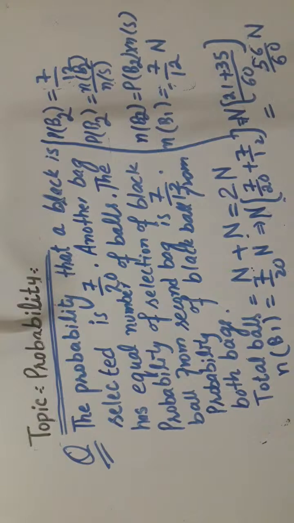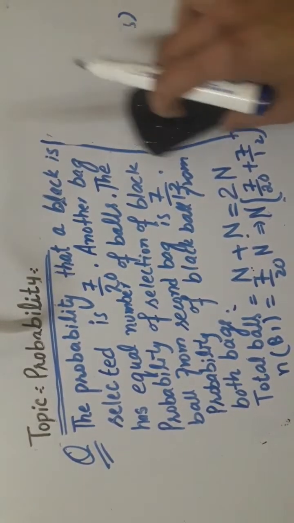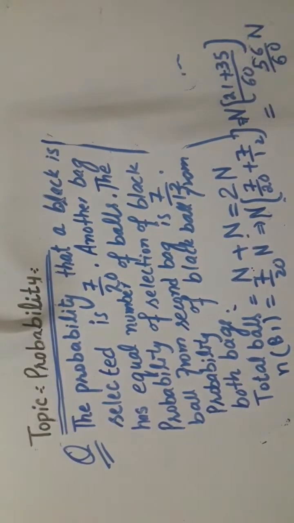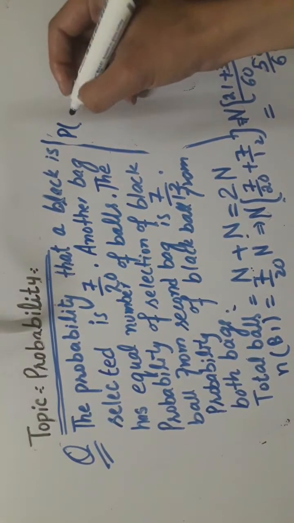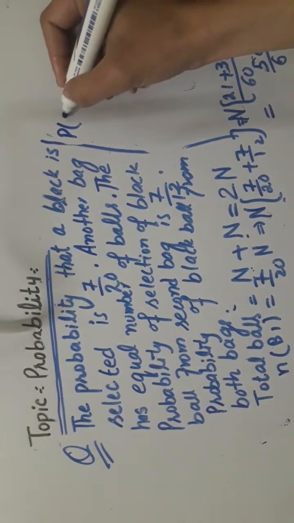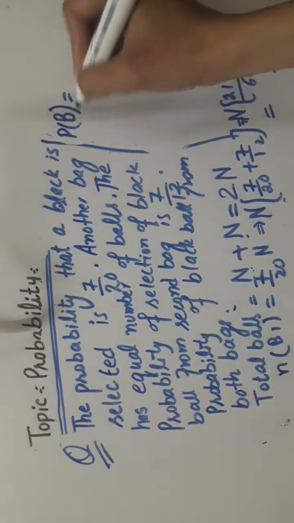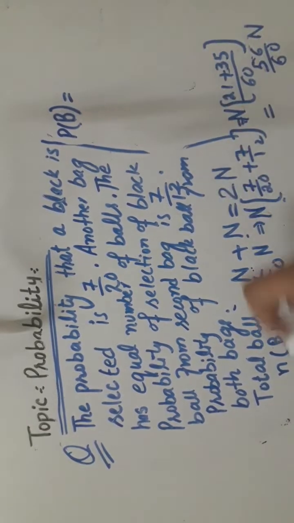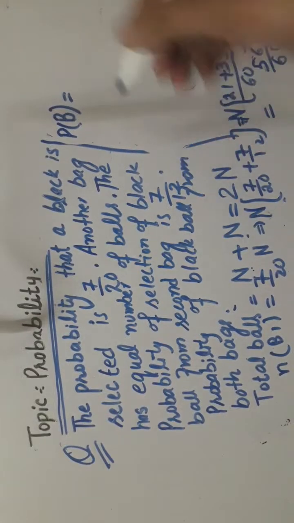Now, we will find the probability of a black ball from both bags. What will be the probability of this? Suppose we call the event B, that a black ball is selected from either bag 1 or bag 2.